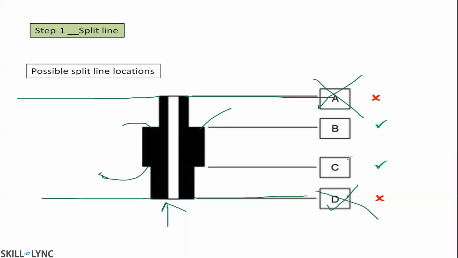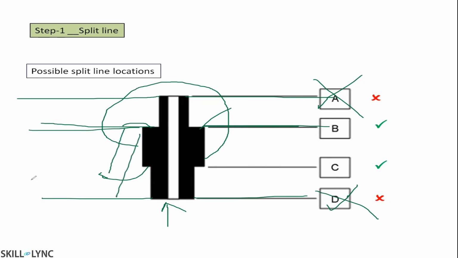The only options are B and C, but I prefer B as the split line. Why am I not choosing C as the split line? If you take C as the split line, more area of the plastic part will get into the cavity side. It is always better to have more area of the plastic part on the core side. The reason is that sticking always happens on the cavity side.